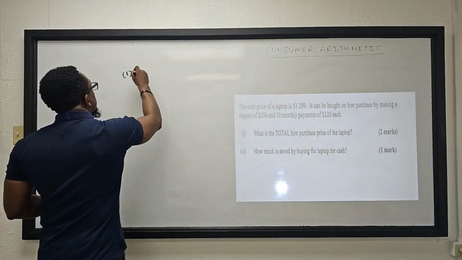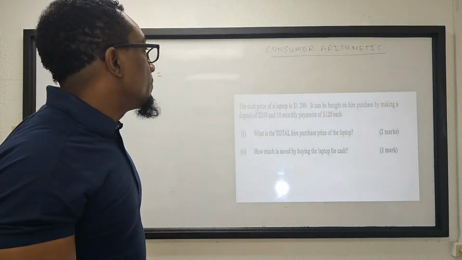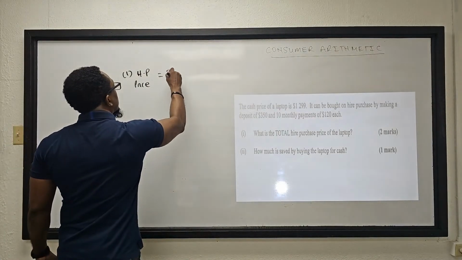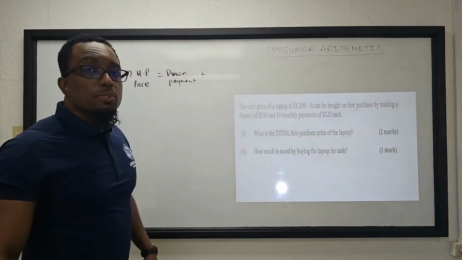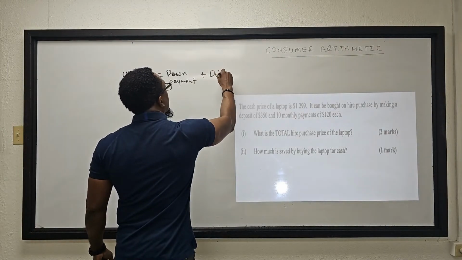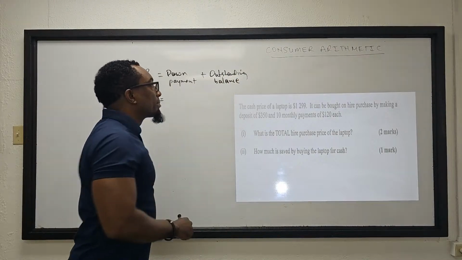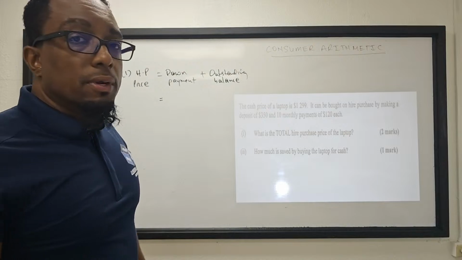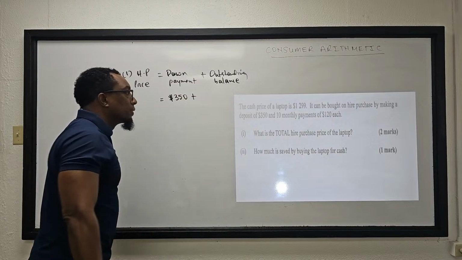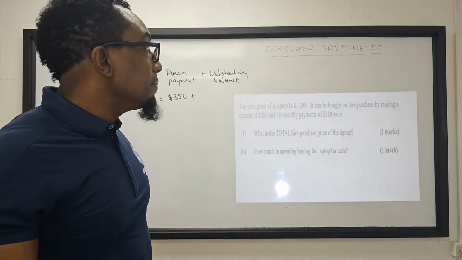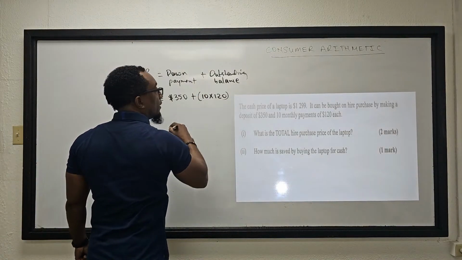So the hire purchase price, HP, will be your down payment plus the outstanding balance. The deposit is $350, plus the outstanding balance, which is 10 monthly payments at $120 each, so 10 by 120.